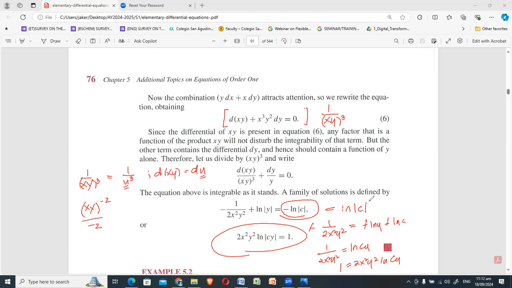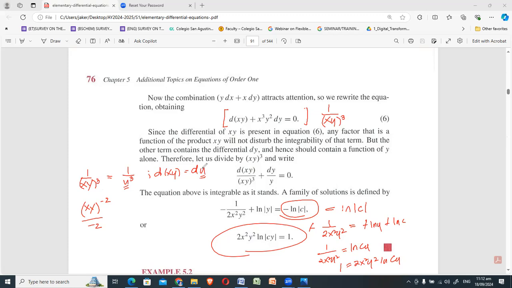Miss, how did the 1 over xy raised to 3 become that? Okay, your 1 over xy raised to 3 could be viewed as 1 over u cubed, u being xy, and your d of xy here is equivalent then to du.